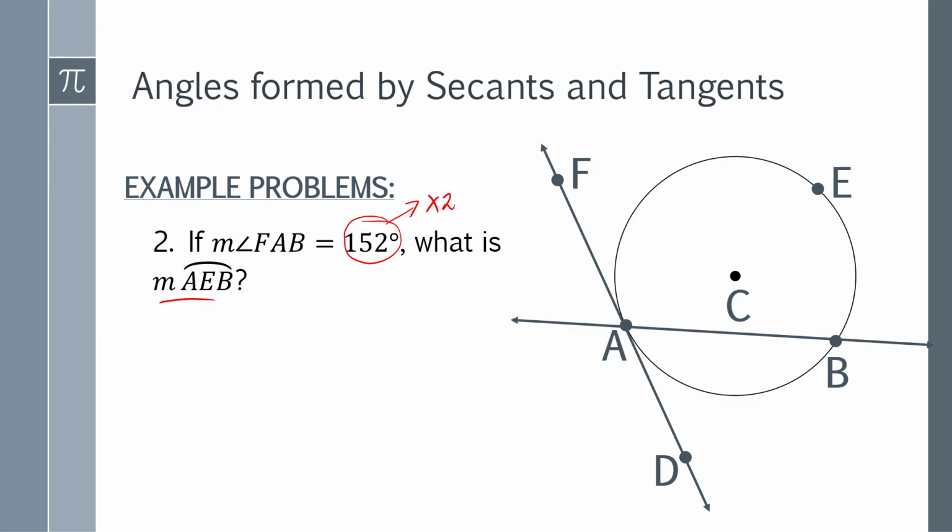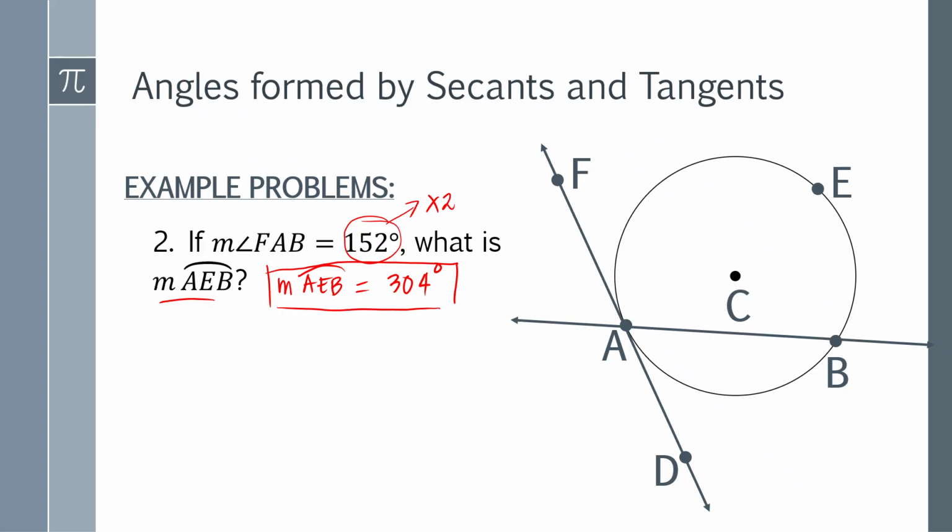So therefore, the measure of arc AEB is equal to 152 times 2, which is 304 degrees, if you calculate this in your calculator.